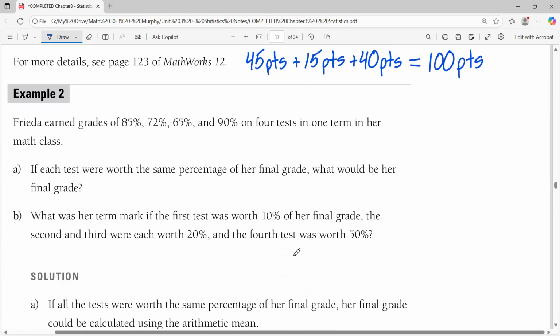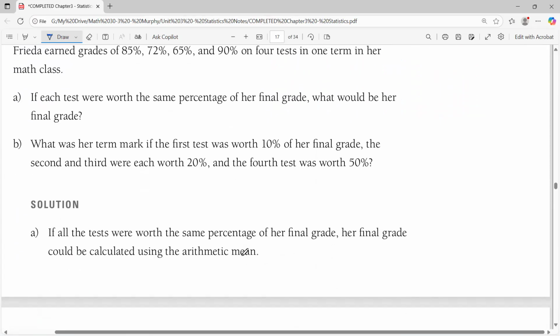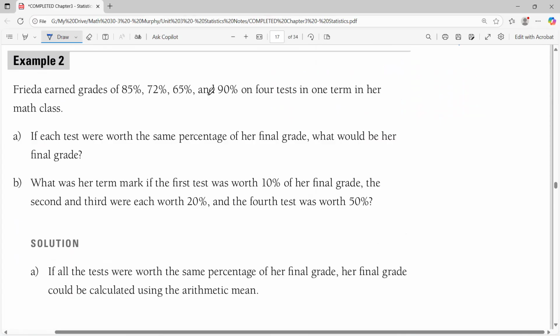So if this is the case, then you can just add all 4 and divide by 4 to get the average because they don't have different weightings. They're all worth 25 points each. So you can simply just add all 4 and divide by 4.